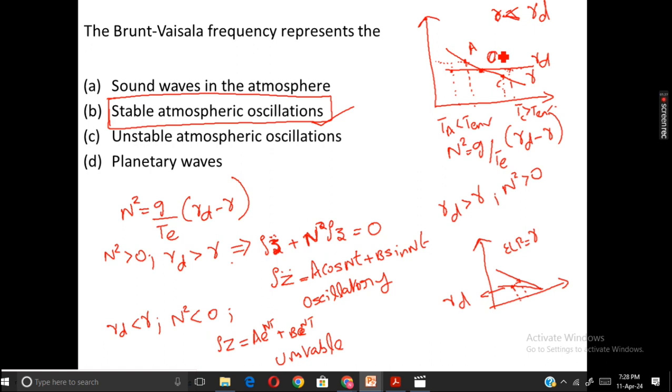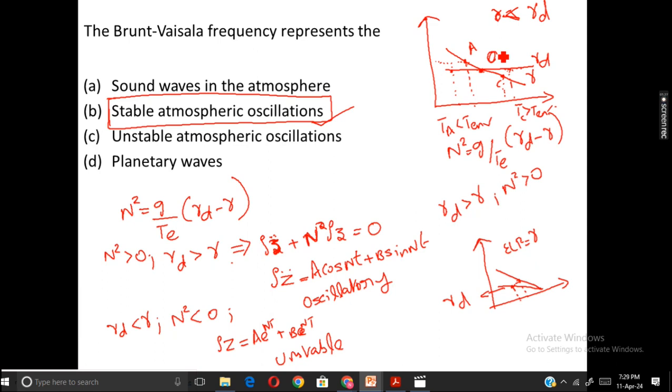So the frequency of these oscillations is known as the Brunt-Väisälä frequency. This basically comes into play in a static state, in an environment which has positive static stability, with the condition that the dry adiabatic lapse rate is greater than the environmental lapse rate. The parcel is cooling at a higher rate than the environment.